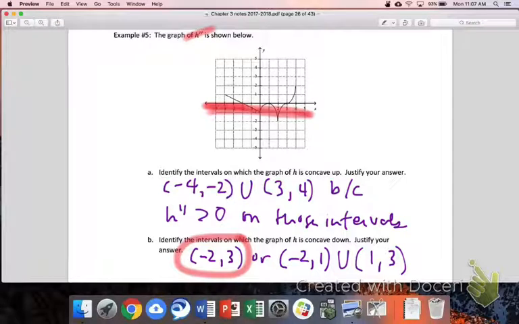On all the other points around it, h double prime is negative, so that's why they would probably like the one on the left better. But I would give you full credit, and the AP reader would give you full credit, for either one of those answer sets. Of course, your reasoning would be because h double prime is negative, or you could say less than or equal to 0 on that whole interval, depending on how you wrote your intervals.